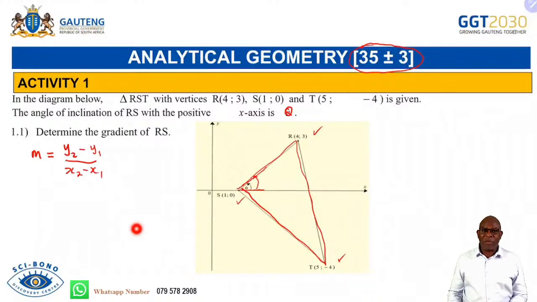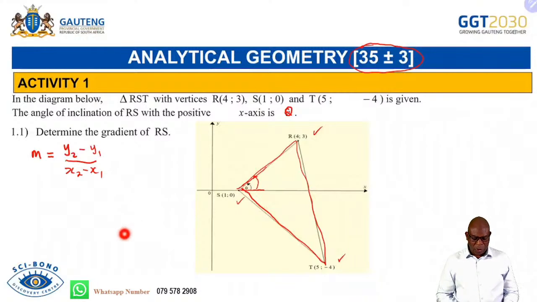Please check the formula correctly. When we are marking, we get people who write the wrong formula, x2 minus x1 over y2 minus y1, which is incorrect. So please go to your formula sheet and check it.